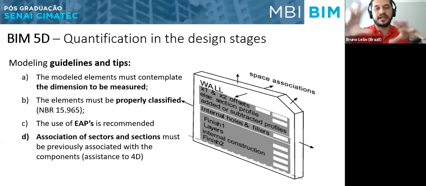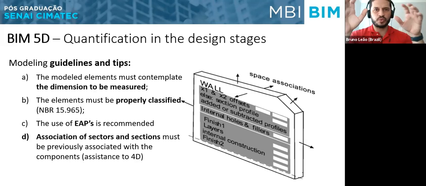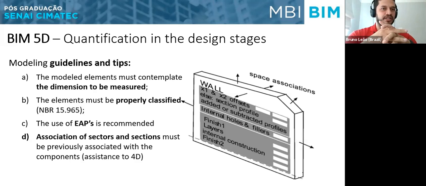So we can say, in the first house, we have this many square meters of floors that we are going to construct. In the second house, we have this other amount. In the third house, this other amount. And it also helps when we are talking about BIM 4D, which is kind of the brother of BIM 5D, when we are talking about the construction of the model.